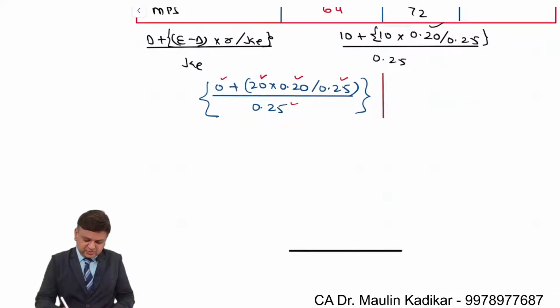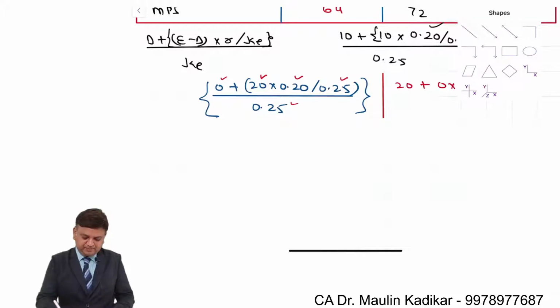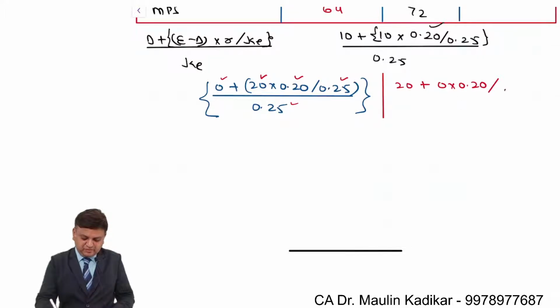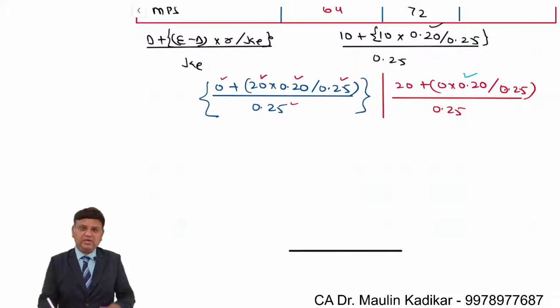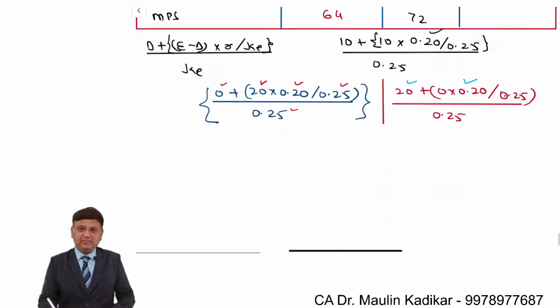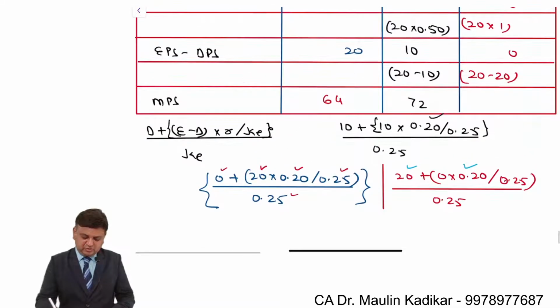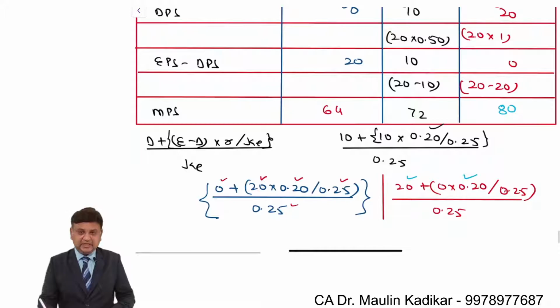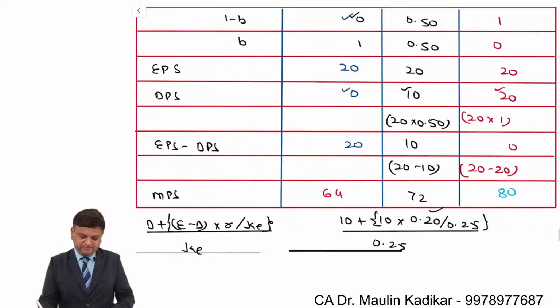The dividend per share is 20 plus EPS minus DPS is 0 into 0.20 divided by 0.25, whole divided by 0.25. We understand that this entire element will go down to 0. Okay, 0 into 0.2 divided by 0.25. This is 20 divided by 0.25, and that comes to an amount of 80 rupees per share. That is the way the answer can be calculated.